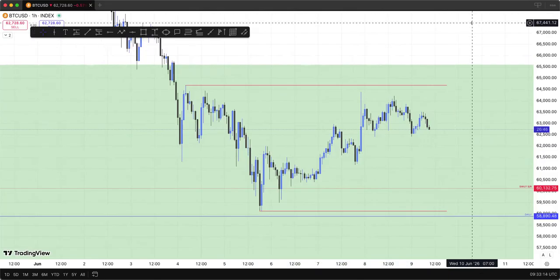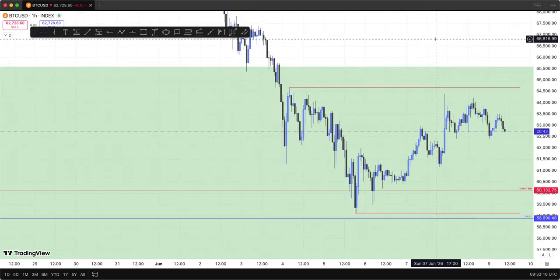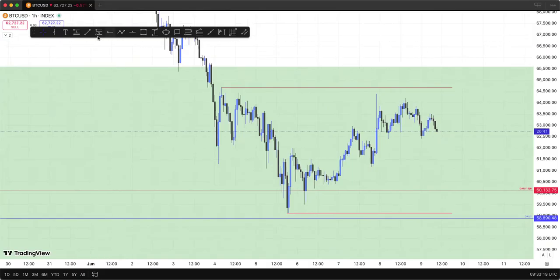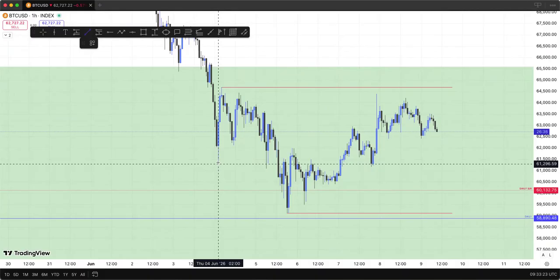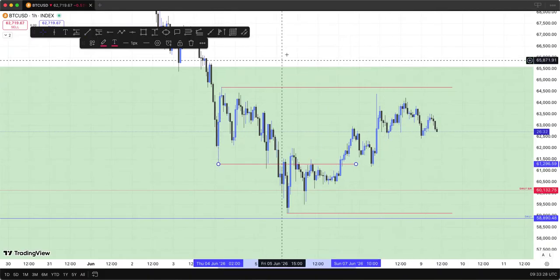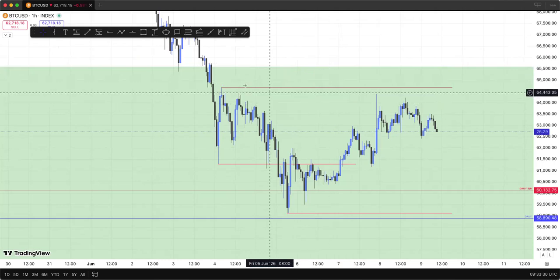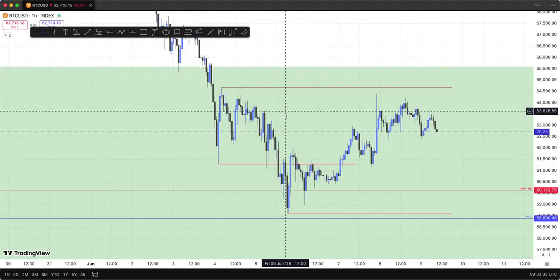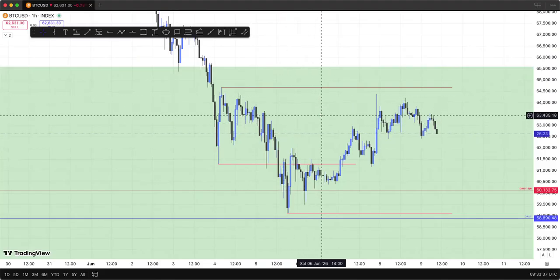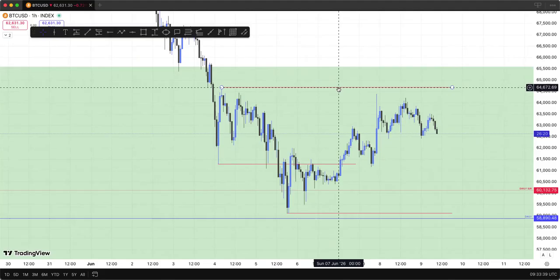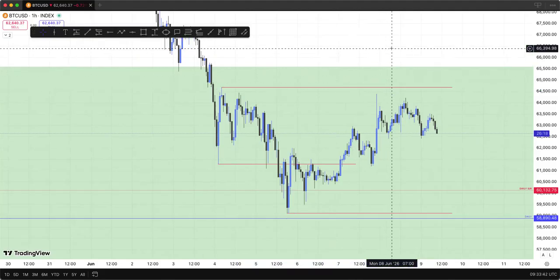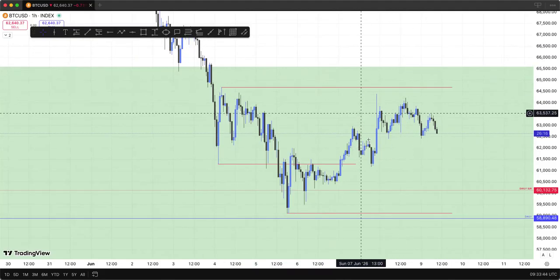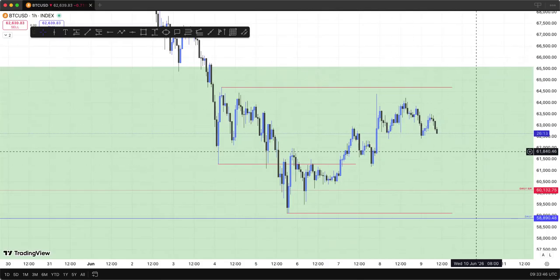Now what does this mean? This means that the moment we invalidated this low, this area right here became a sell side liquidity. So now we are still in the sell side liquidity unless this high has been invalidated. If this high gets invalidated, then this zone becomes our buy side liquidity.